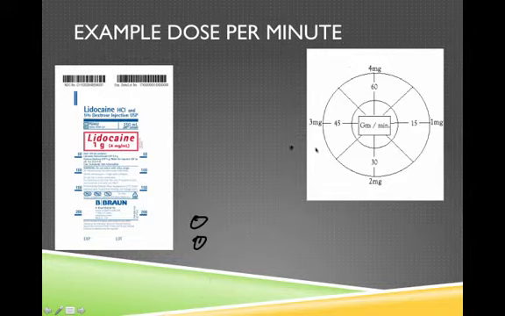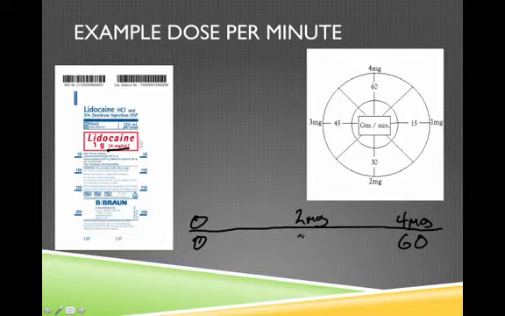Well, in this clock method, if we have 4 milligrams in 1 milliliter, then that would mean that 4 milligrams is essentially 60 drops. If we have a 60 drop set, 2 milligrams would be 30, 1 milligram would be 15, and 3 milligrams would be 45.